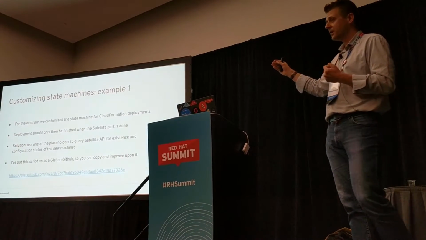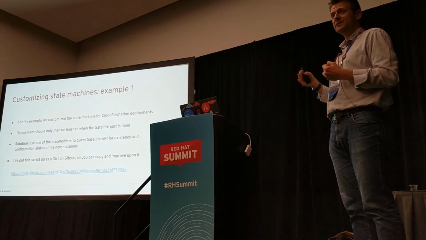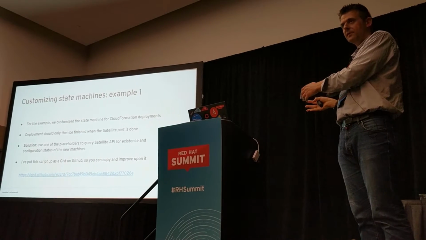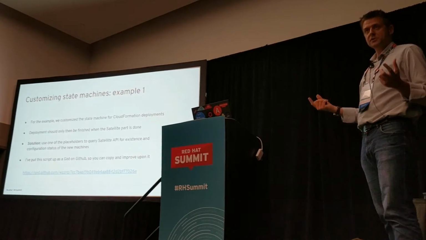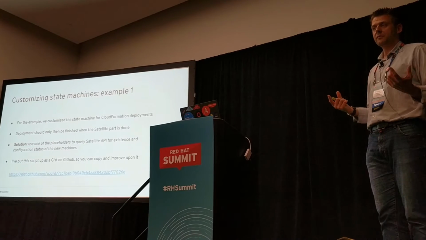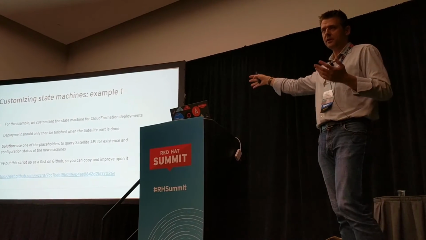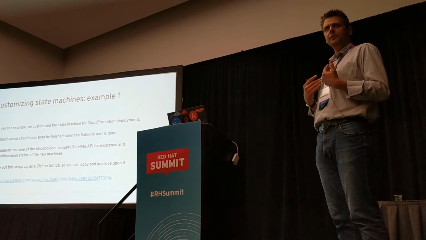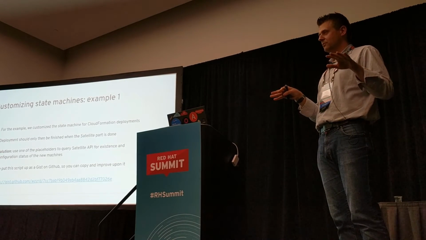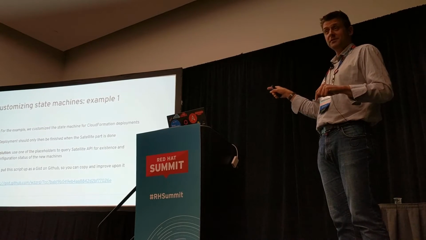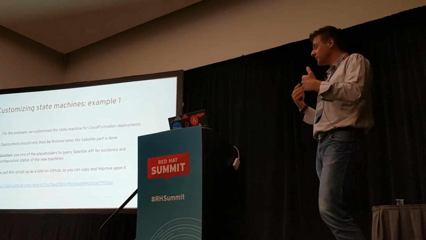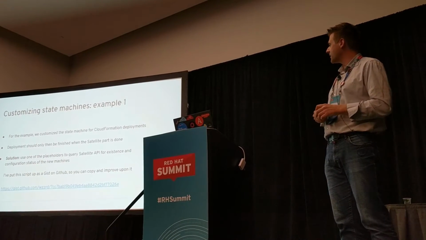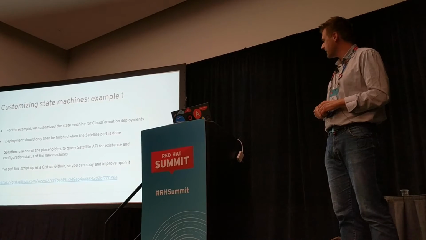Does that make sense? Now, CloudForms by default does not ask Satellite what the configuration status of this virtual machine is. So basically what I did is I took one of the placeholders and I put a custom method in there, and that's just a little bit of Ruby scripting. You can download it there, you can take a look, you can use it as a getting started code. I'm not a developer, so the people in here that actually develop, that code probably sucks. But it can help as a getting started guideline and help you get working with writing those custom methods.